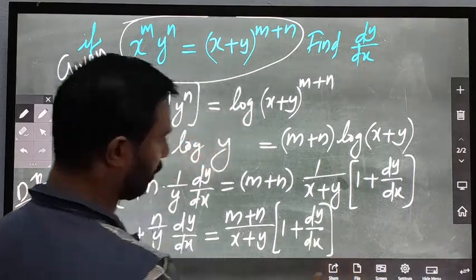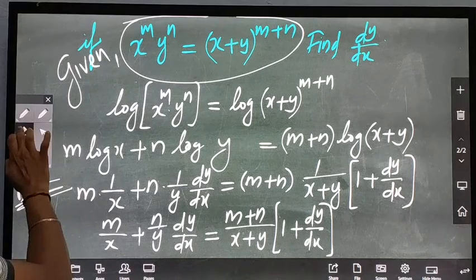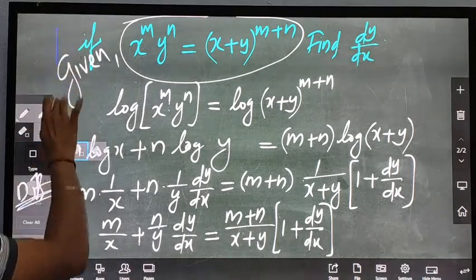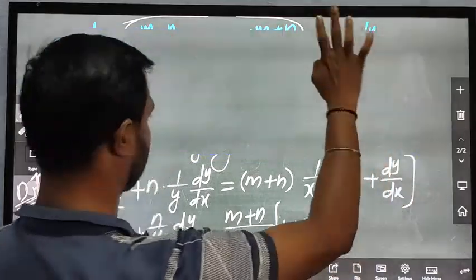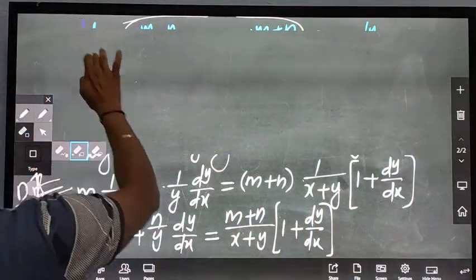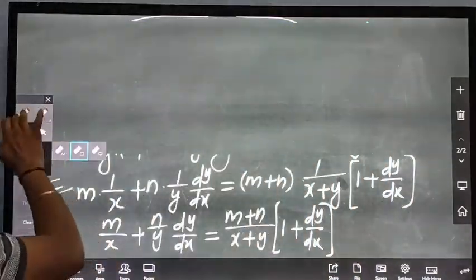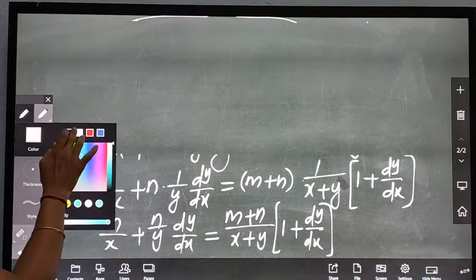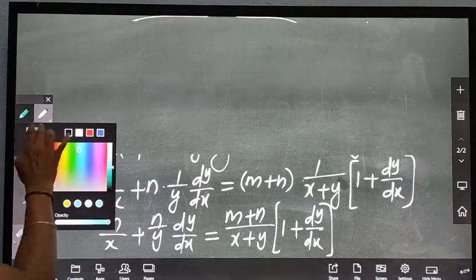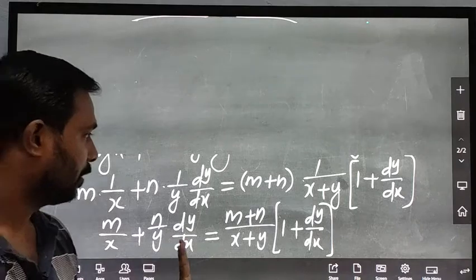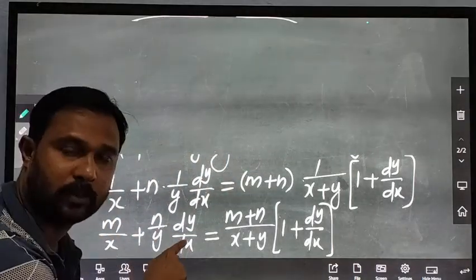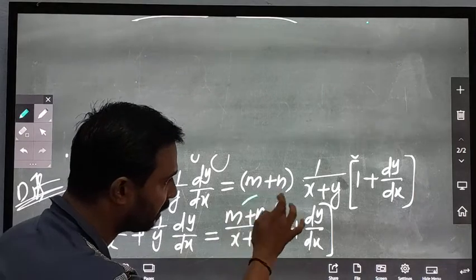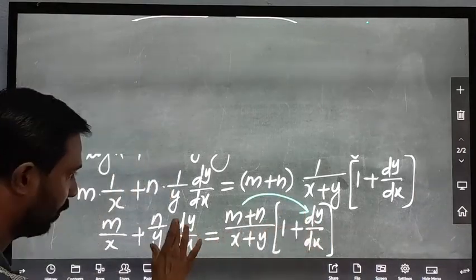Now we are going to collect the terms in dy by dx. If you want to collect dy by dx, what are the terms in dy by dx? Here is a term in dy by dx, as well as here is a term in dy by dx. Two terms.